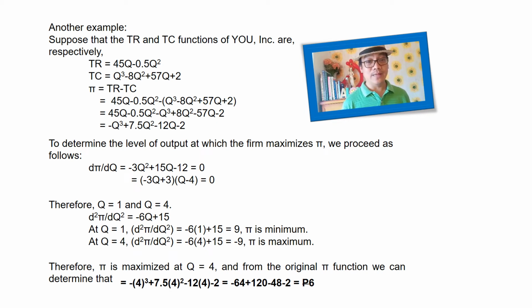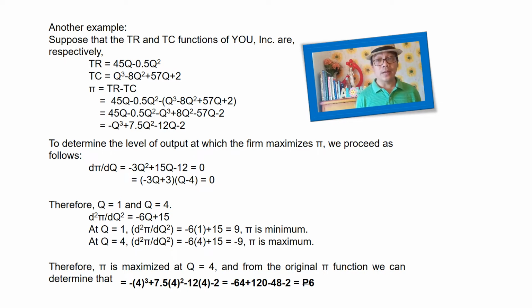Another example is provided by profit maximization by U Incorporated. Suppose that the TR and TC functions of U Incorporated are TR equals 45Q minus 0.5Q squared, TC equals Q cubed minus 8Q squared plus 57Q plus 2.